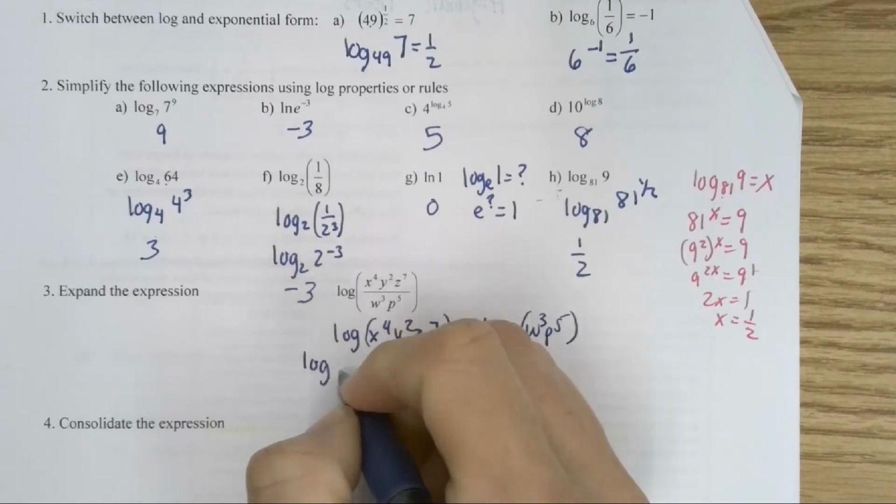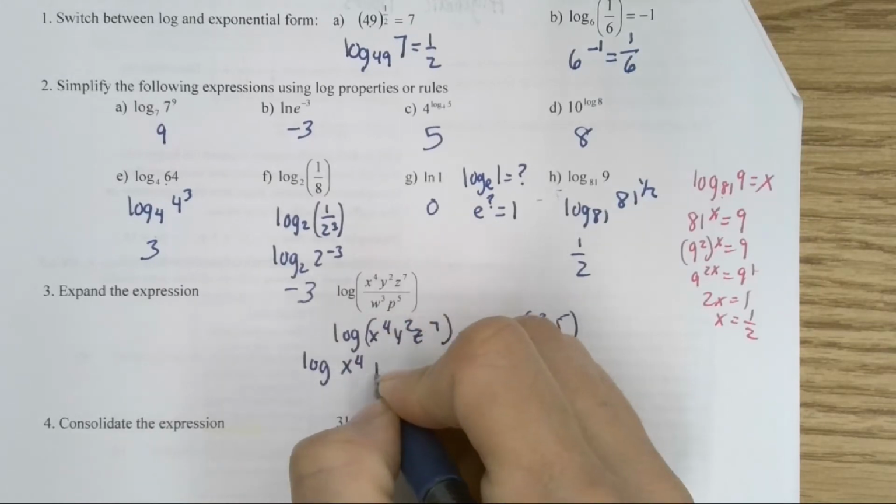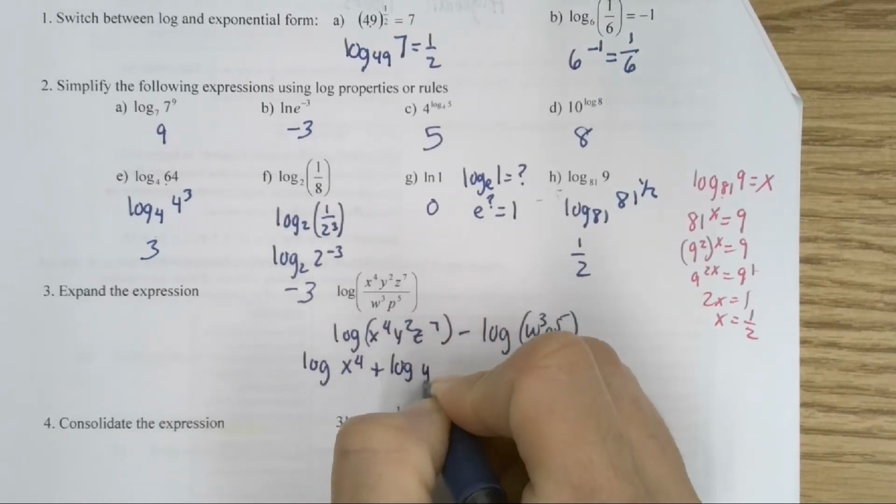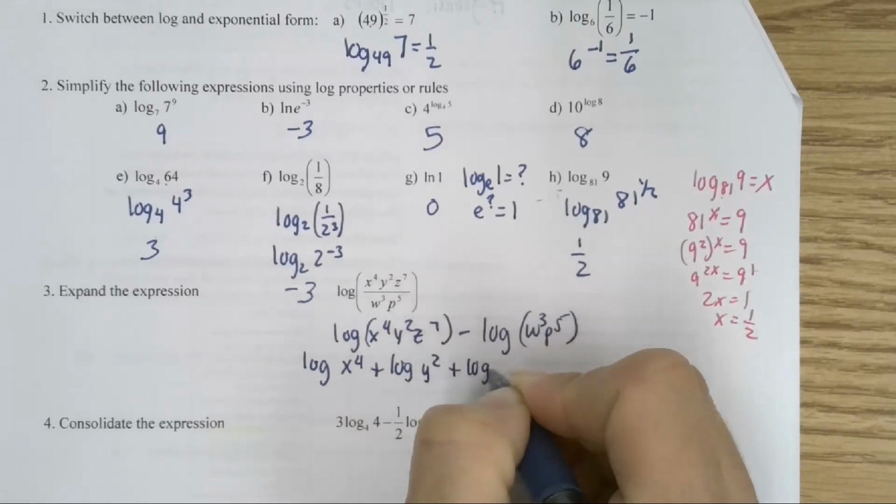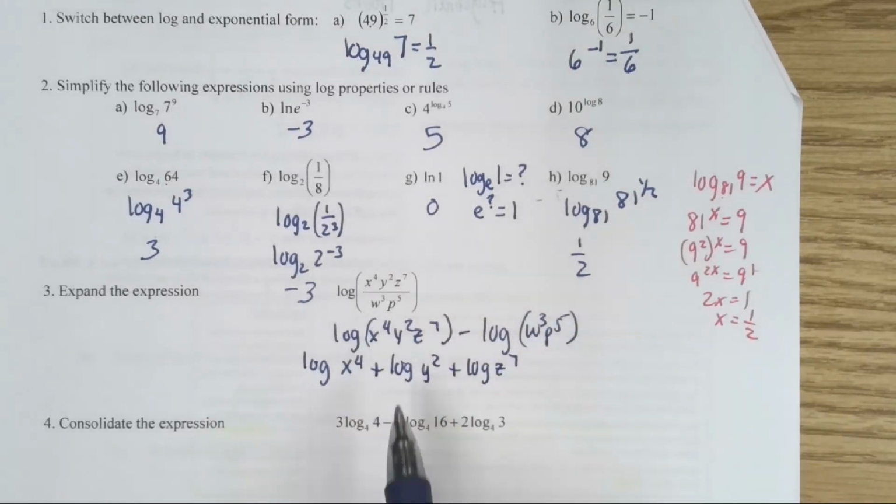So log of x to the 4th plus log of y squared plus log of z to the 7th. And when you have a product in your log argument, you separate that with 3 separate log expressions, but each one needs to have the same exact base as the original, which is a base 10.